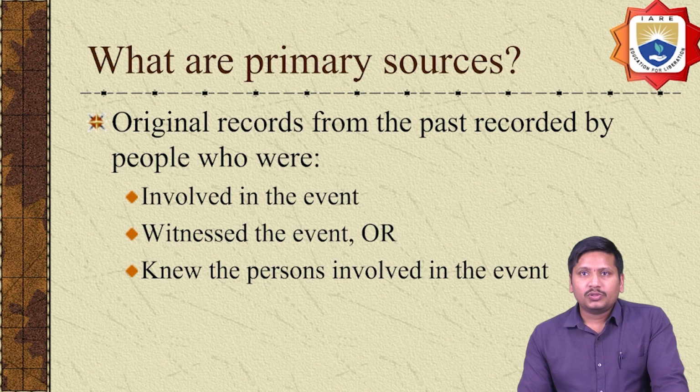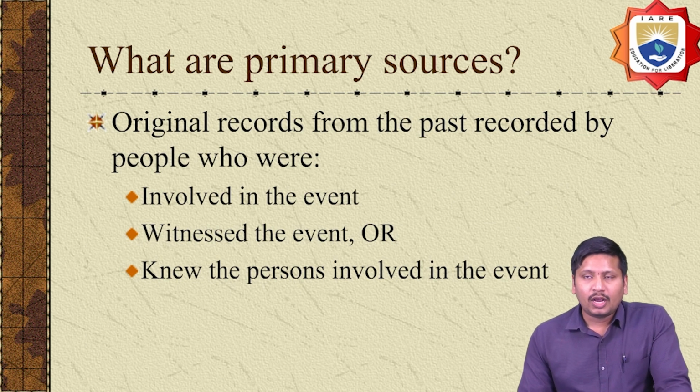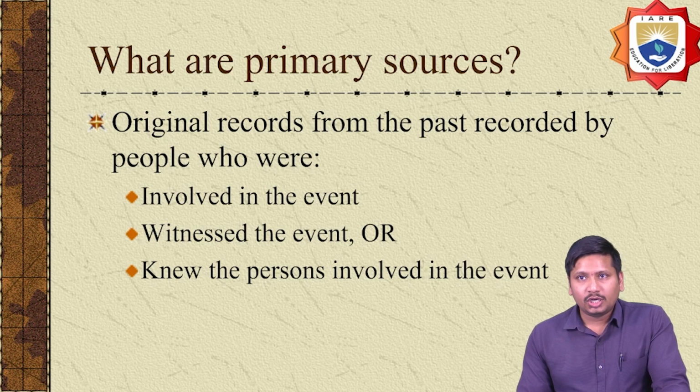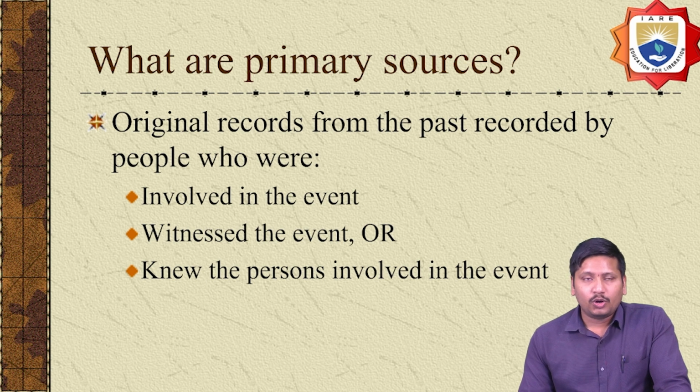So before going to see those examples, first of all, you have to know what a primary source is and what the secondary sources are. So what are the primary sources actually? The primary sources are nothing but the original records from the past, identified or recorded by the people who were involved in the event and were witnesses of the event, or who know the persons involved in the event. Suppose some event is going to be organized, right?